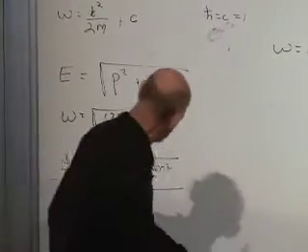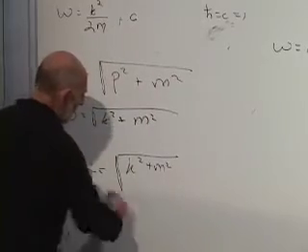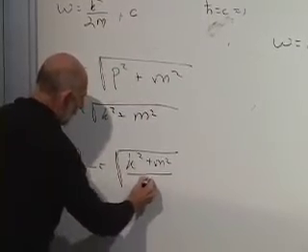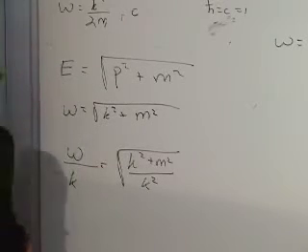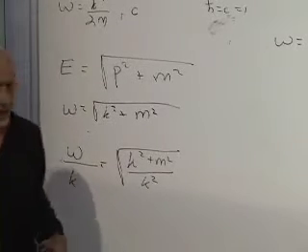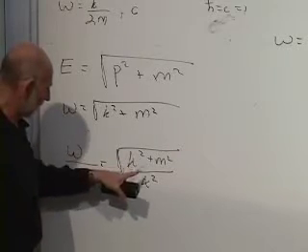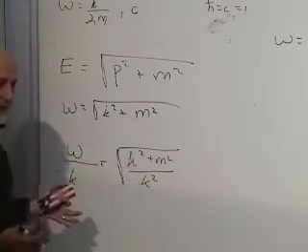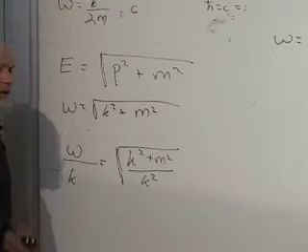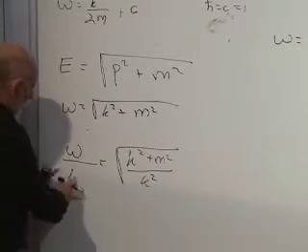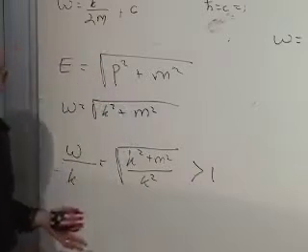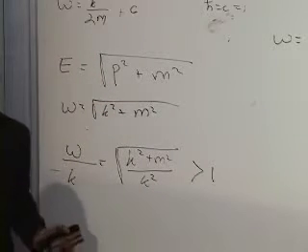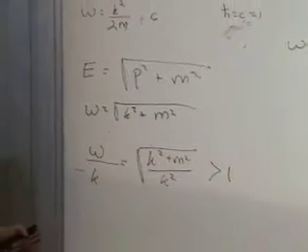Then it becomes k squared plus m squared over k squared. Is this bigger than or smaller than 1? Bigger than 1. So the phase velocity, omega over k, is bigger than 1. Bigger than the speed of light. Okay? Uh-oh, you get a little bit scared. Waves moving faster than the speed of light.